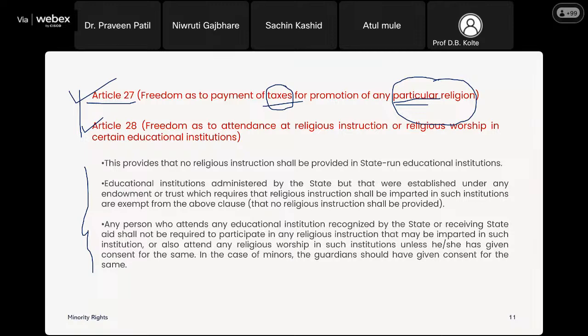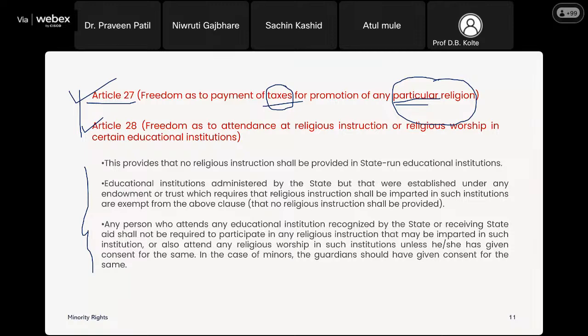Because religious minority institutions can establish educational institutions of their own, as we saw in Article 26. But it is not that they could be able to manage those educational institutions out of their own fund.